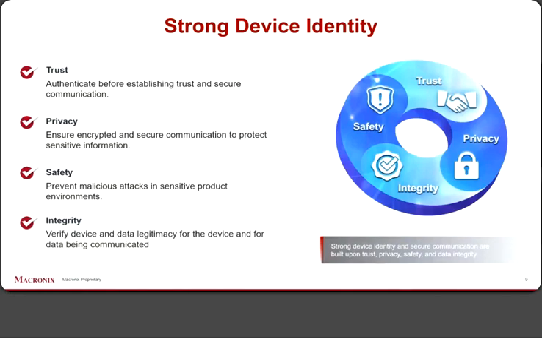So you need to be able to ensure encrypted and secure communications to protect sensitive information. And then safety. You need to be able to prevent malicious attacks in sensitive product environments. And then finally, integrity. You need to be able to verify device and data legitimacy for the device and for the data being communicated.